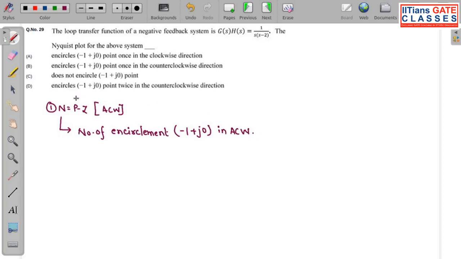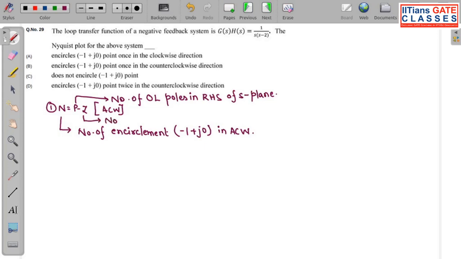Okay, what is P here? P is number of open loop poles in right hand side of S plane. What is Z?